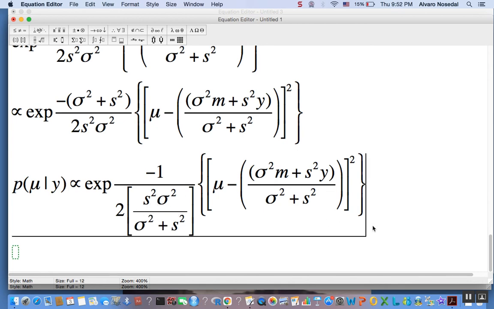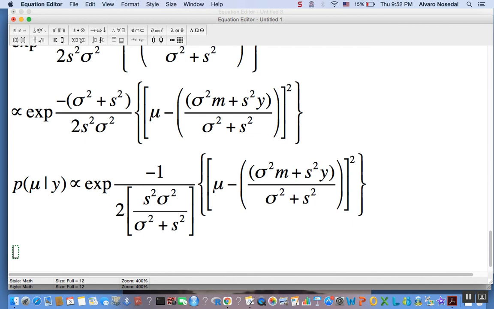Let's write that down, because in the near future we're going to use those expressions for the posterior mean and the posterior variance to come up with something called updating rules.